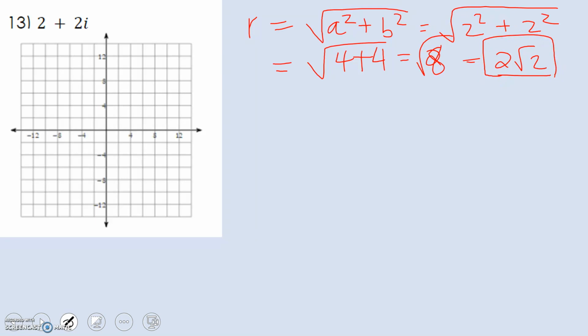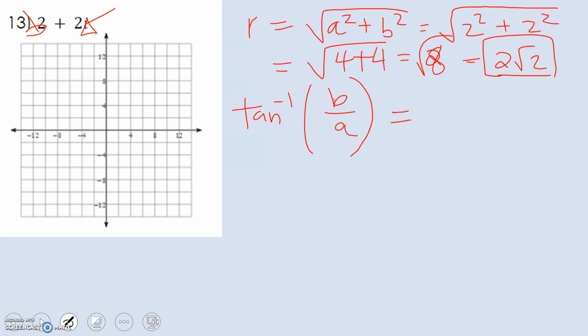Now what we need to do is find the value of the angle. To find the angle, we need to use the inverse tan function. So tan inverse of b over a. This always goes on the top, and this goes on the bottom.